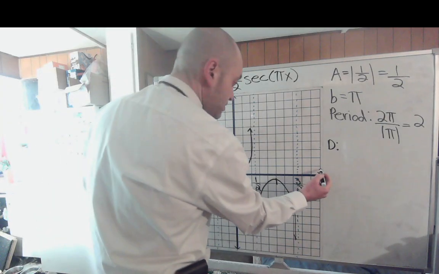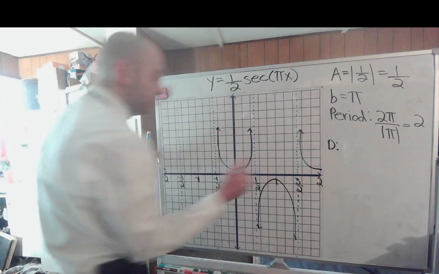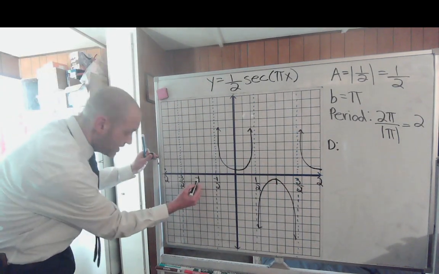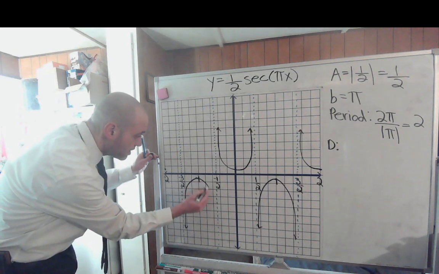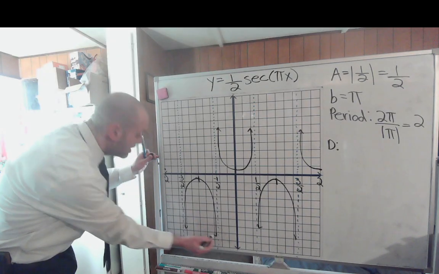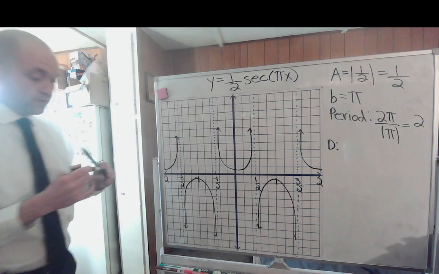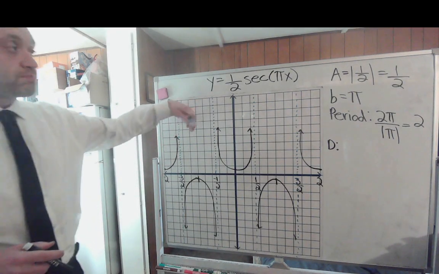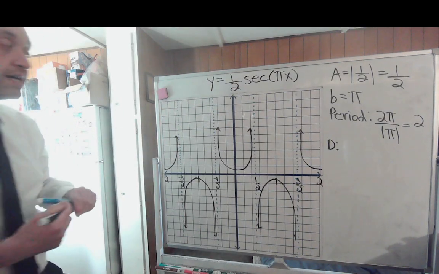And then at 2, it's going to go to the left like that. It cuts off at 2. At negative 1, it's going to go down again. And then at negative 2, it's going to go up like this. So there is the graph of my function y equals half of secant of pi x.